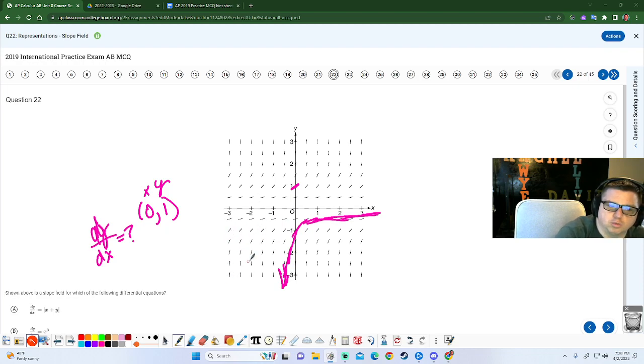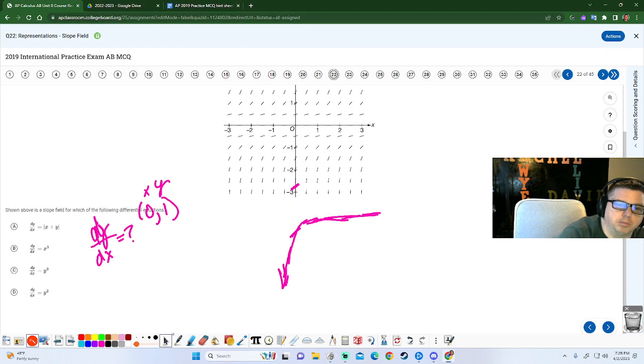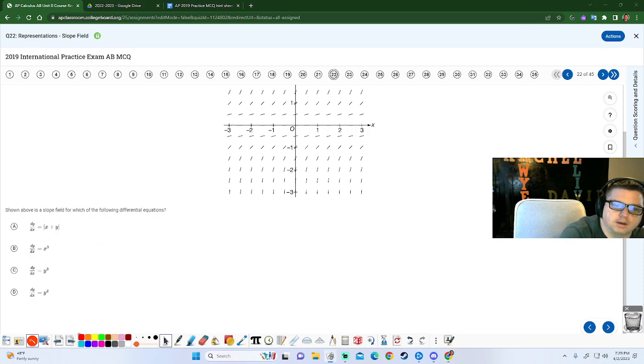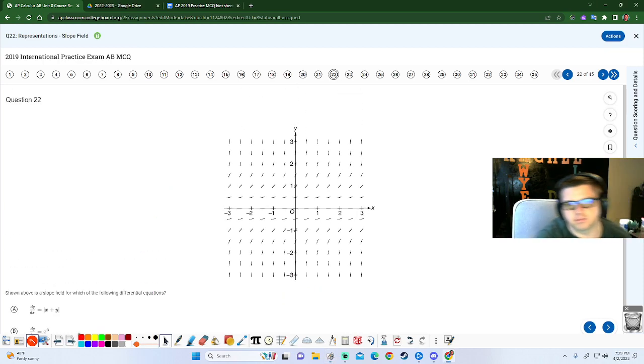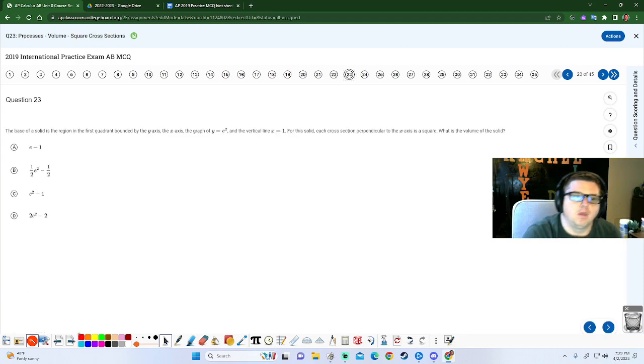So which one is going to do that? Well, could be all of them. What about 0, negative 1? Which one will give us a positive 1 slope there? And start to narrow down what your solutions actually could be. That's the slight cheat I'm going to talk about. I don't want to go too far into depth, just because my students haven't learned it yet. And their focus is really going to be on these other ones, getting them done.